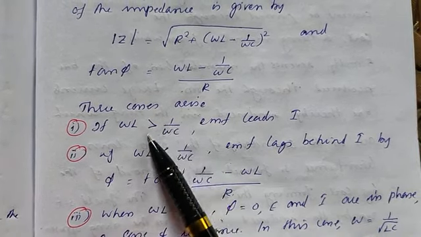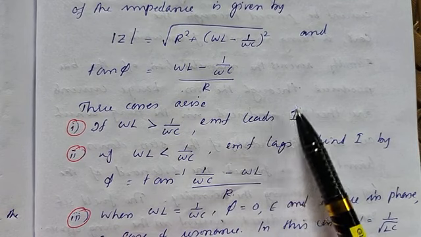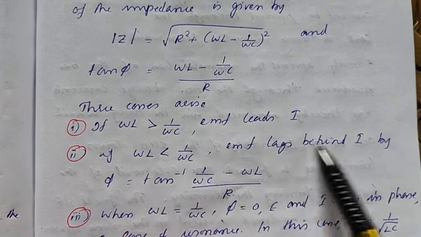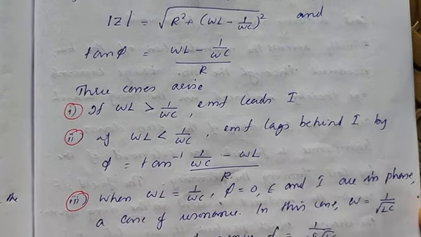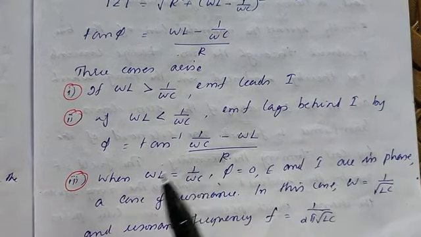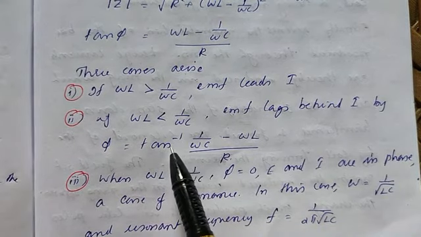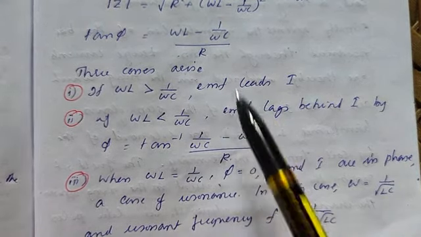If omega L is greater than 1 by omega C, EMF leads I, and if omega L is less than 1 by omega C, EMF lags behind I by phi, where phi is represented by this equation, which will be tan inverse of this quantity.